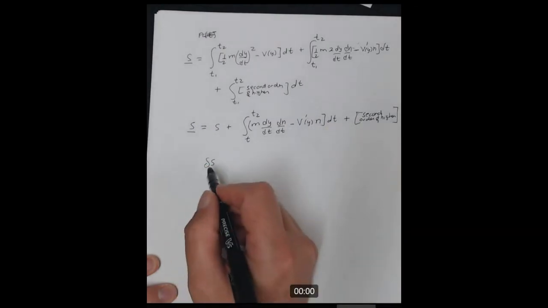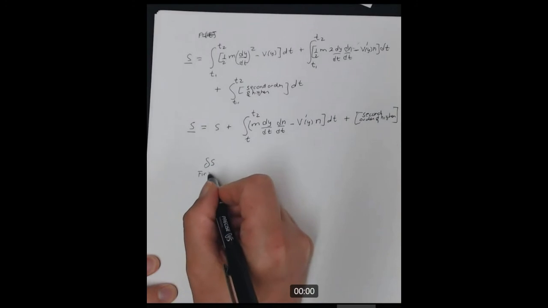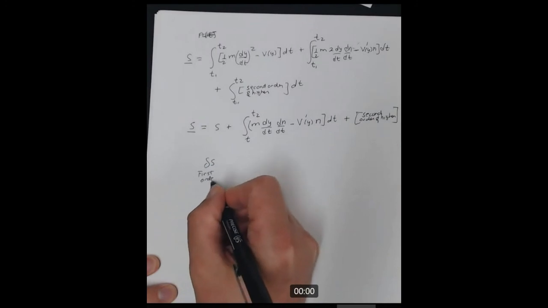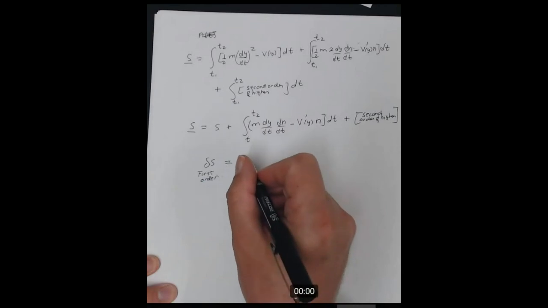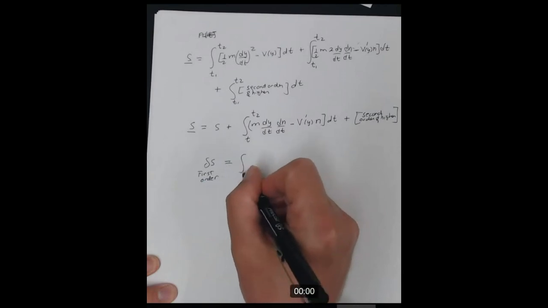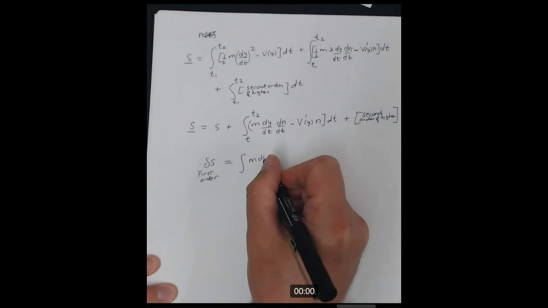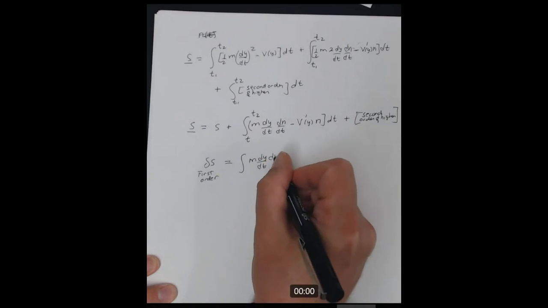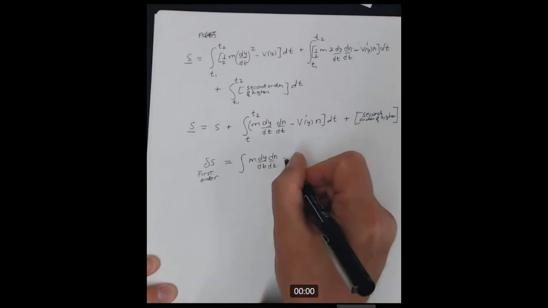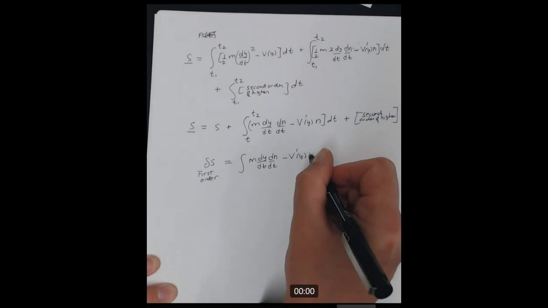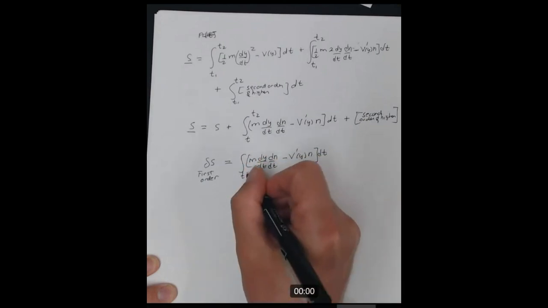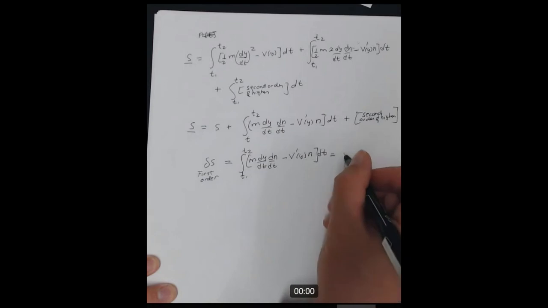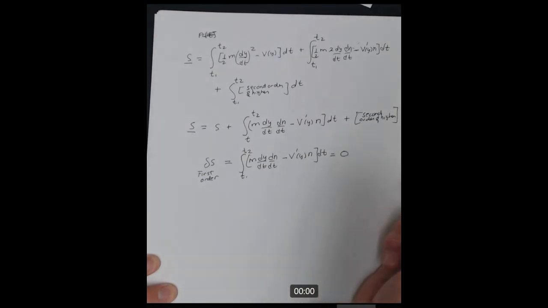So we're going to say the variance to first order should be equal to 0. So that's what we're going to try to do.